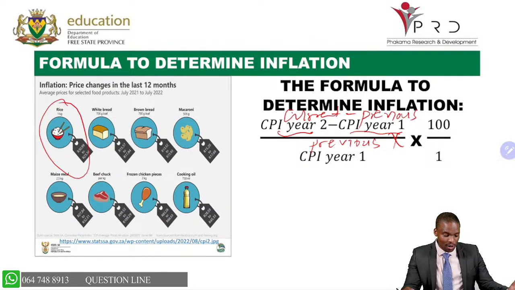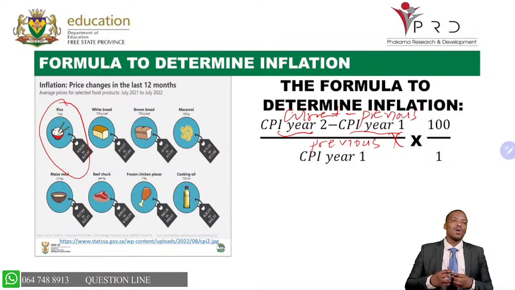If you look at cooking oil, in July 2021 it was around 28 rand 59. But in July 2022, it was now sitting at around 45 rand. So one can say, look how much cooking oil has increased.